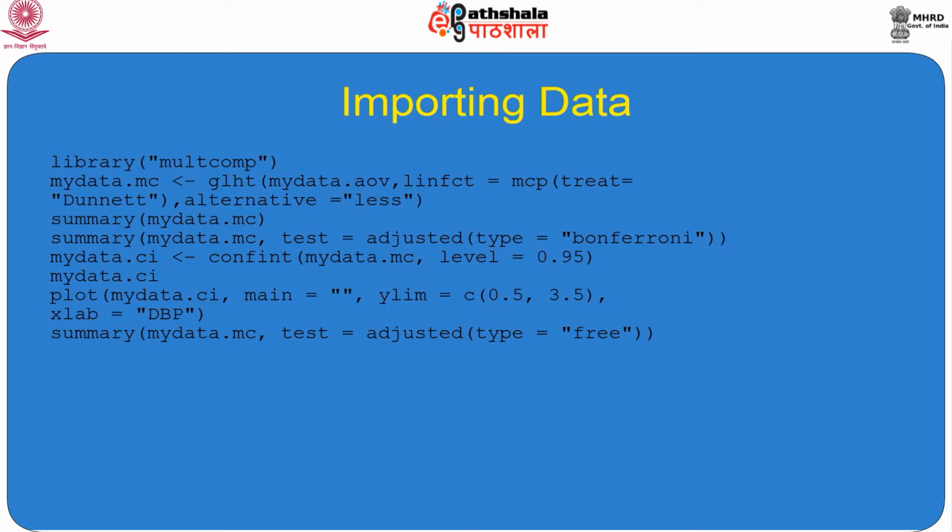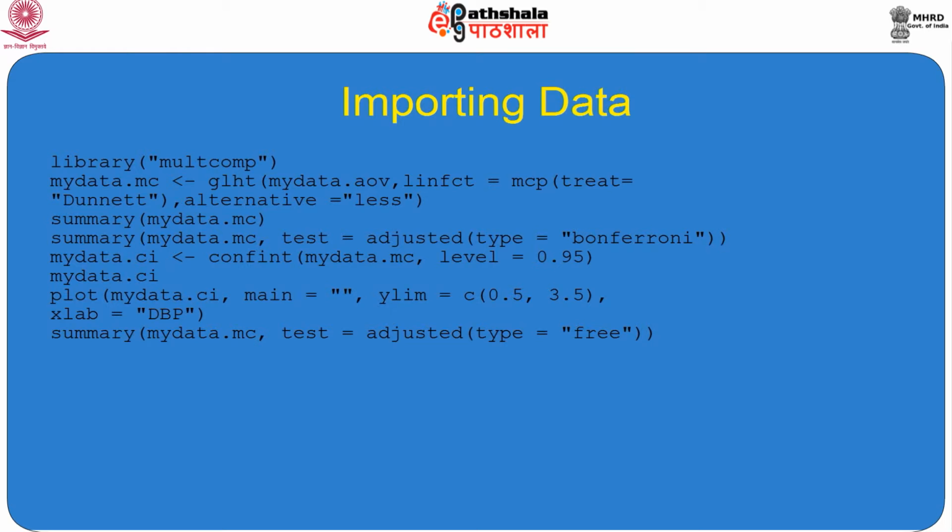Now once we consider mydata.mc and call the summary of mydata.mc, we will see the results. In the next slides we will show the results. Then we will use another function, the summary of mydata.mc, and the treatment test Dunnett will be replaced with the test Bonferroni. We will see the reason to consider the Bonferroni test, and thereafter we will take mydata.ci and see the confidence intervals.